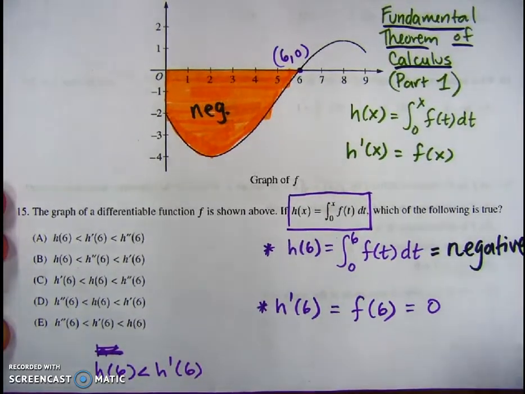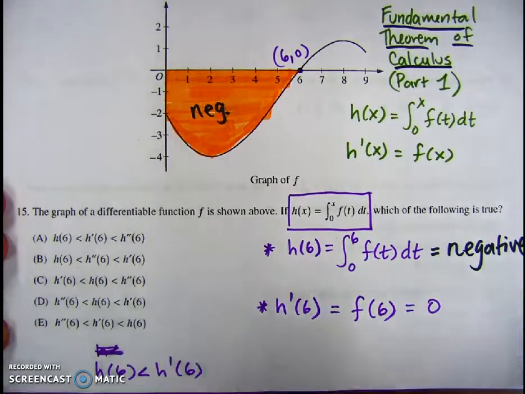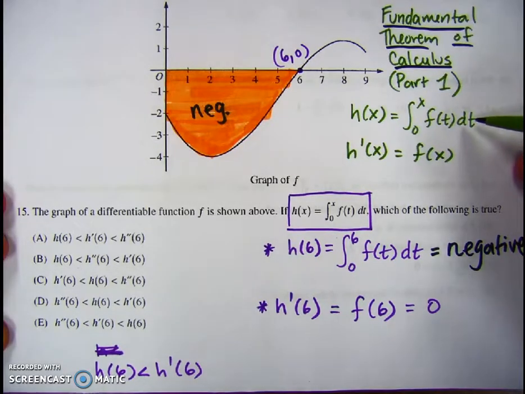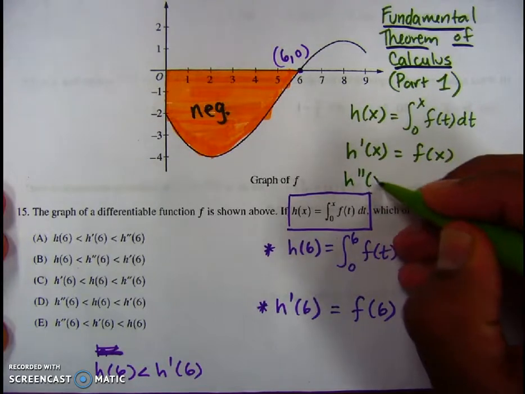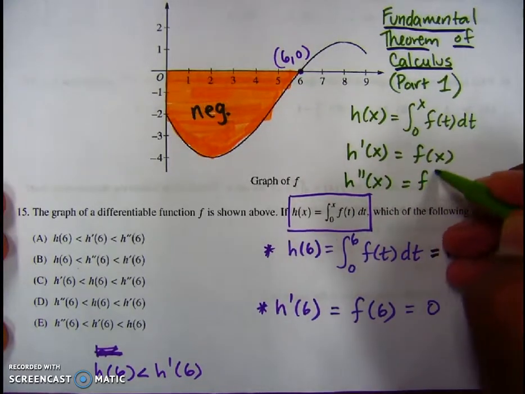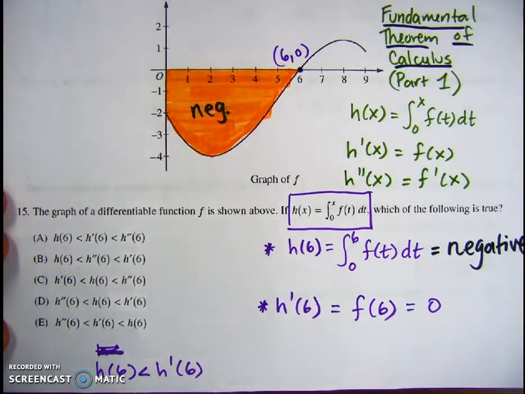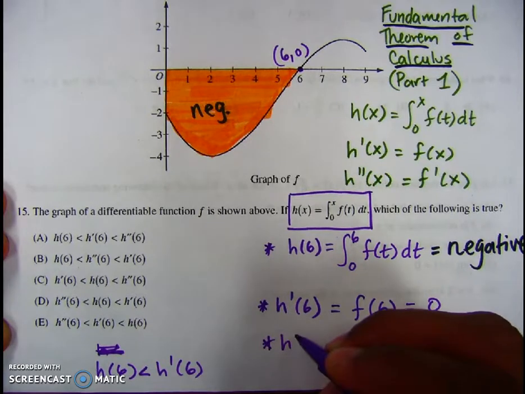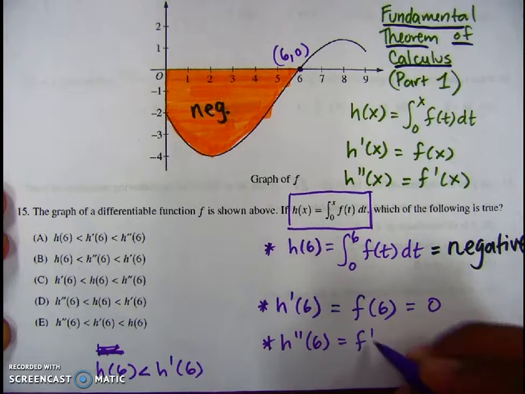And now I'm going to look at the second derivative, and we can again keep going from this start here. We went from h of x to h prime of x, and h double prime of x is just f prime of x. So using that, we know that h double prime of 6 equals f prime of 6.